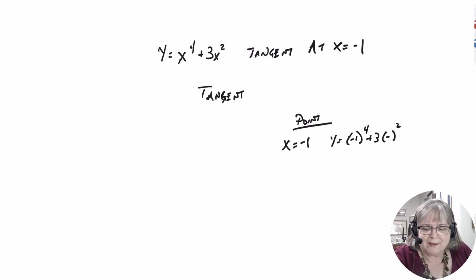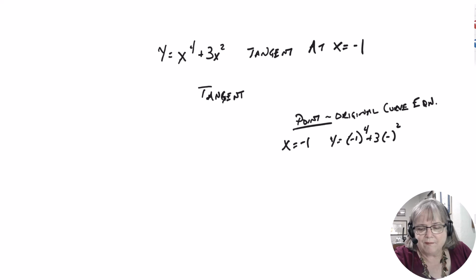Some students find there's so many moving parts that it's difficult to remember what goes where. So remember, for a point, you're going to sub into the original curve equation, okay? And so when you clean this up, y turns out to be 4. So the point is -1, 4.